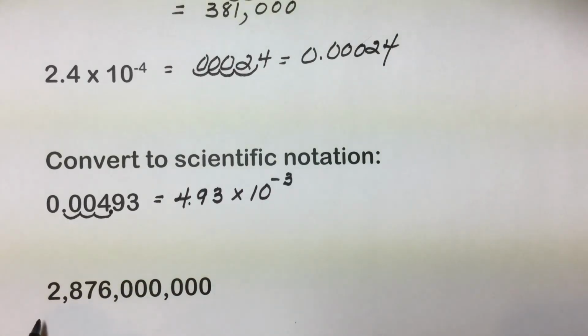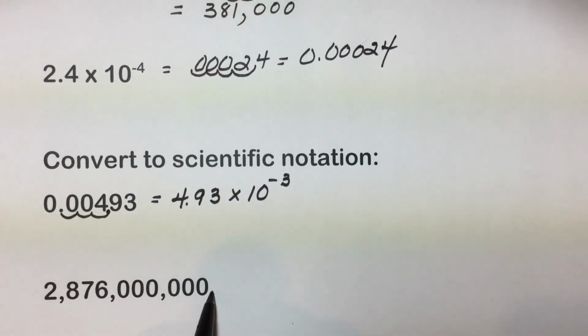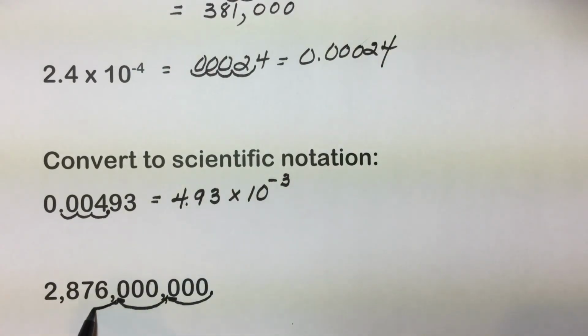When we have an extremely large number with the implied decimal place here past the last 0, we only want a single digit to the left of the decimal, so we will move 10 powers, 3 here, another 3, and another set of 3 for a total of 9 powers of 10.